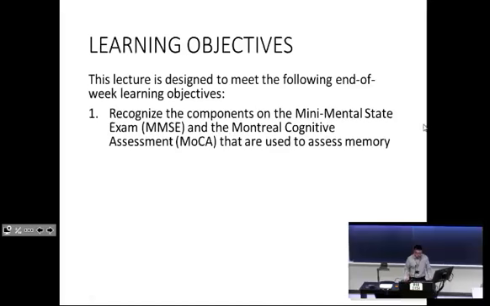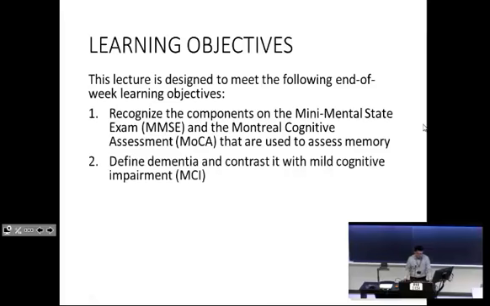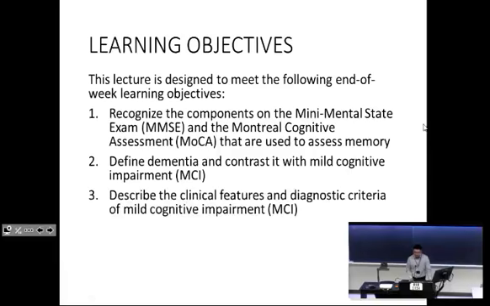This goes over some of the major learning objectives introduced at the beginning of the week: to go over two of the major assessments that we use in the clinic, particularly in primary care, including the Mini Mental Status Examination, or the MMSE, and the Montreal Cognitive Assessment, or the MOCA. And then to go over the diagnostic considerations for the two main entities that we're likely to encounter in the clinical setting, mild cognitive impairment as well as dementia.